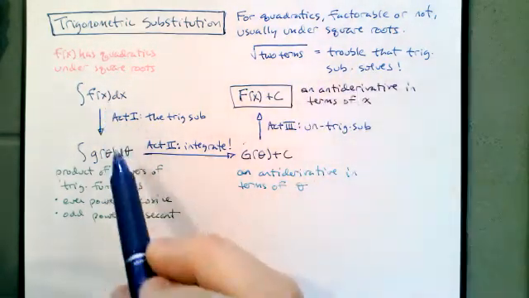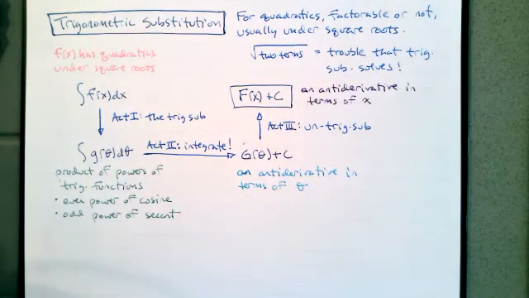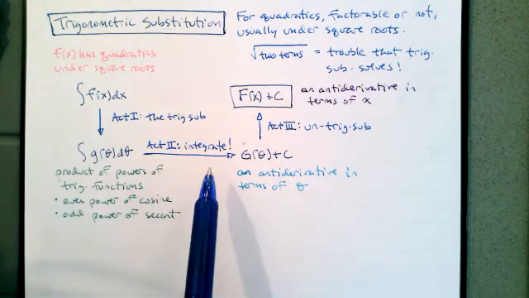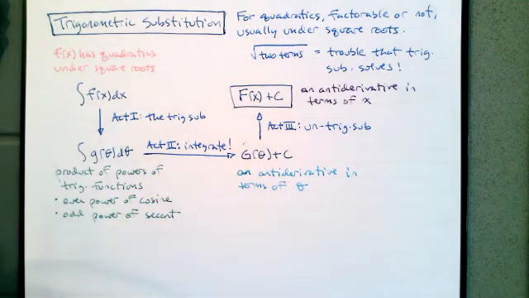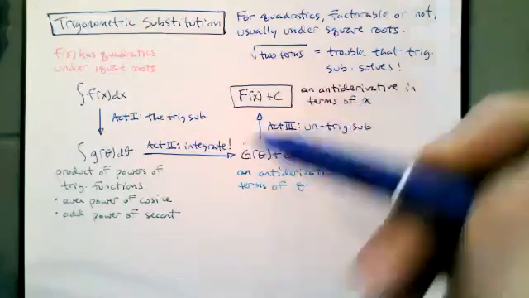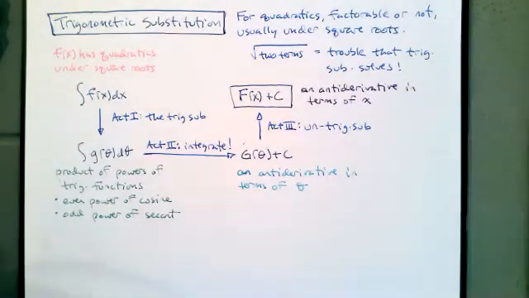That's trouble, and this is how trigonometric substitution solves it. Now we're looking at a product of powers of trig functions, probably an even power of cosine or an odd power of secant. So then we integrate to find an antiderivative in terms of theta. The next big thing that we need to learn is how to untrigonometric substitute. All right.